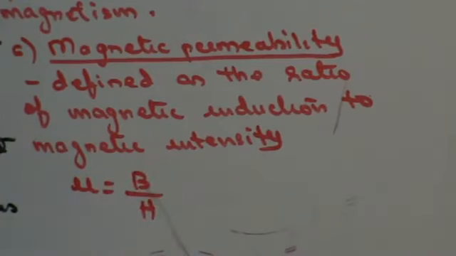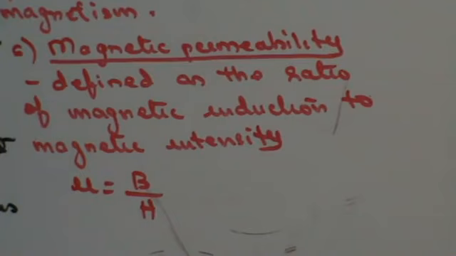Now, what does magnetic permeability actually do? It measures the conducting power for the passage of magnetic lines. It tells you how many magnetic lines would actually pass through the substance.